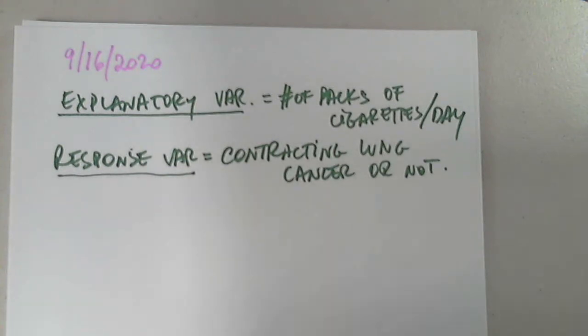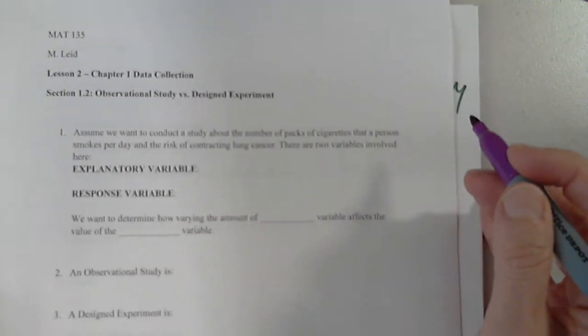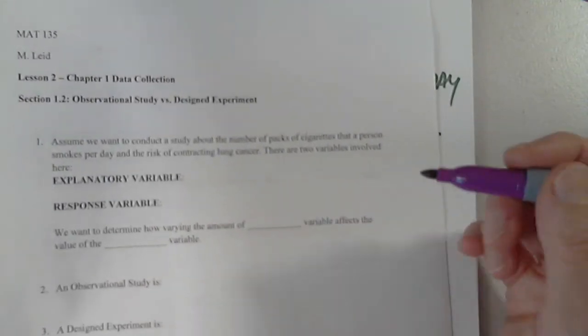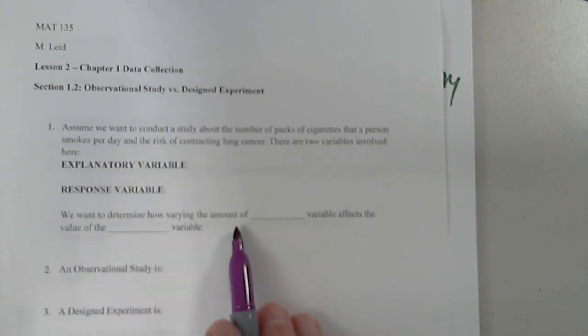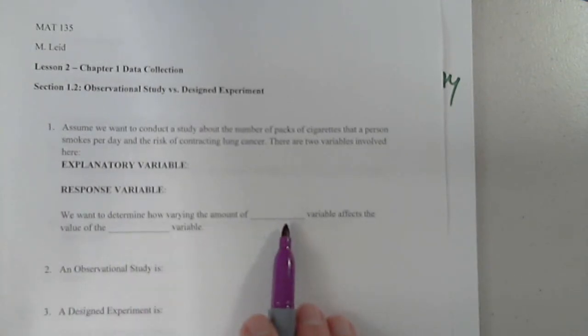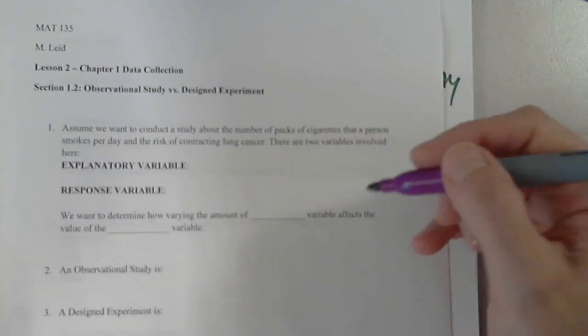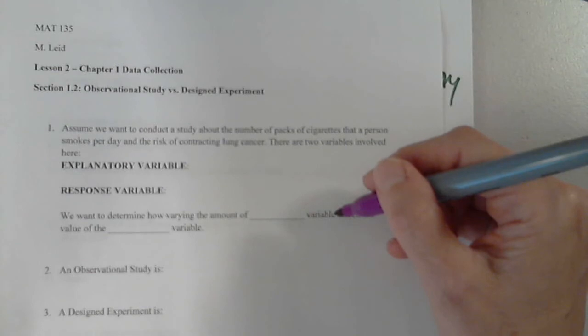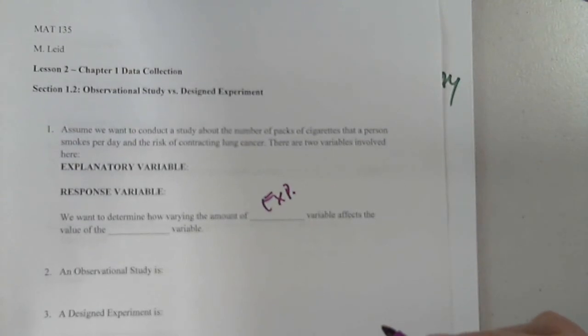Yes. Okay. So now let's try to fill in the missing words here, which are the key words. We want to determine how varying the amount of cigarettes affects the value of which variable? Cigarettes is the explanatory. Very good. The explanatory variable. Excellent.